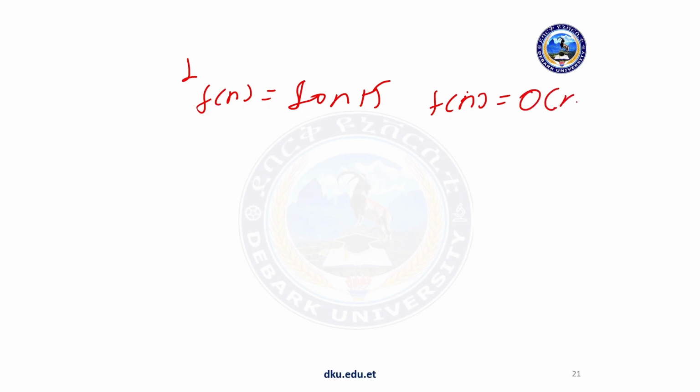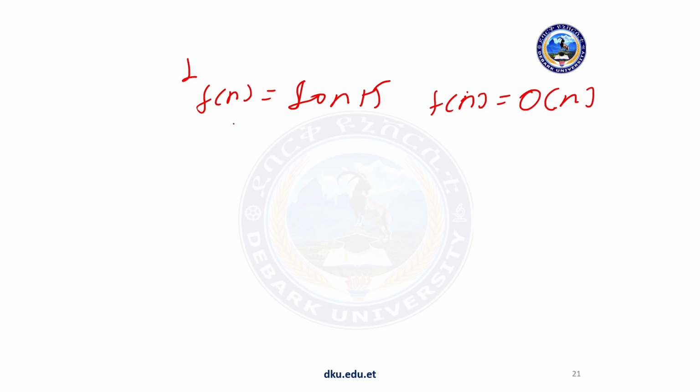So f of n equals 10n plus 5. Let's show that f of n is big O of n.